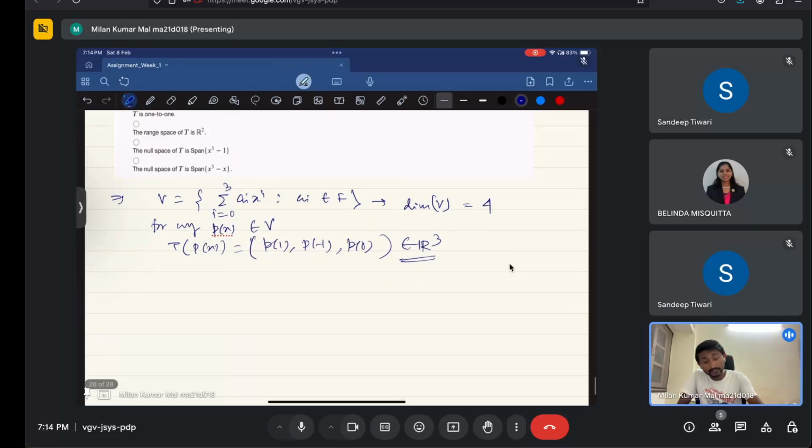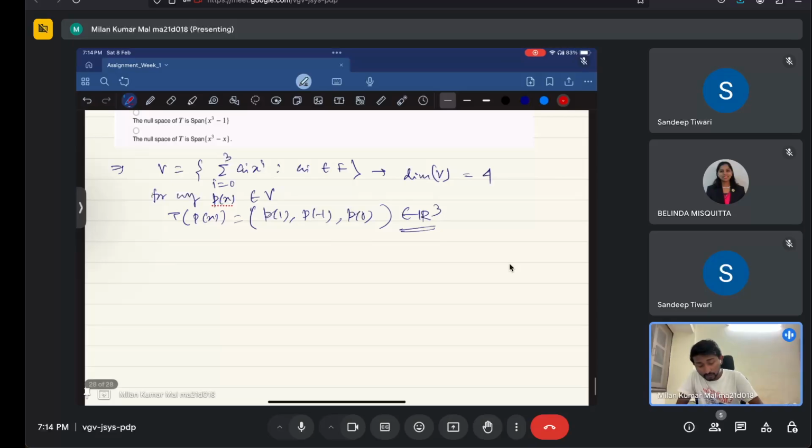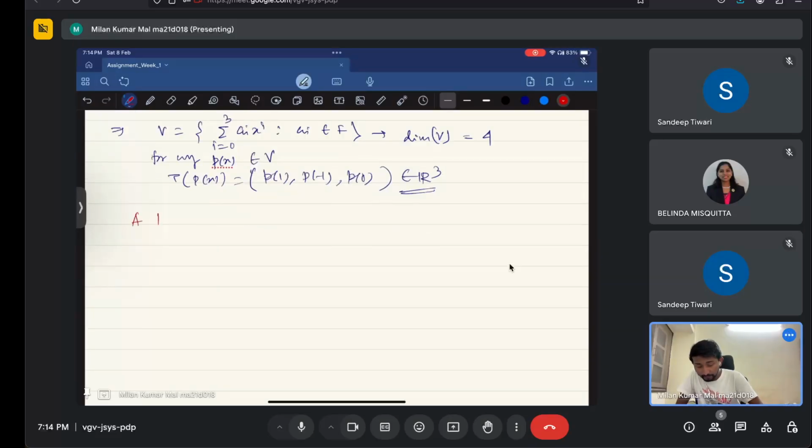Okay, so let's give a definition. I will not write it. A linear operator T from V to W is said to be one-one or non-singular. Here V and W are both vector spaces over the same field, but they need not be finite dimensional.